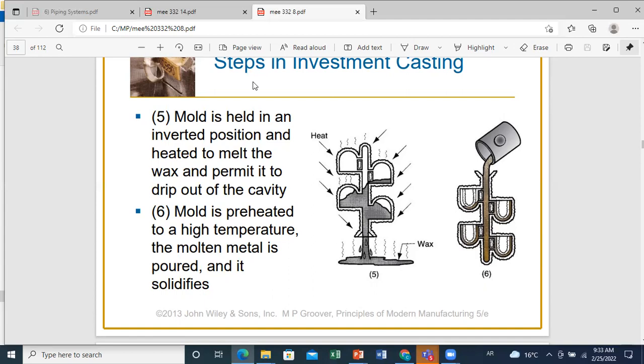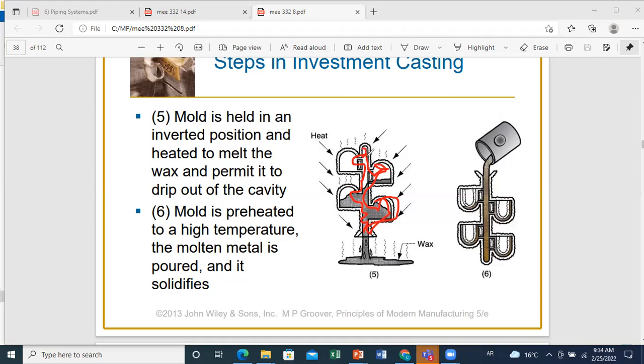So the idea is that we have wax constituting the system here, and it is first in solid shape. Now, since you already treated the surface with a refractory material, whenever you heat, the surface will be protected because it was already subjected to a heat treatment, so it will be able to sustain high temperatures without melting.